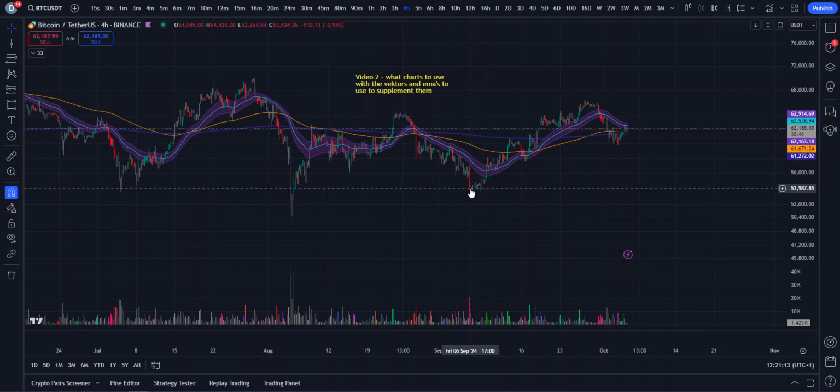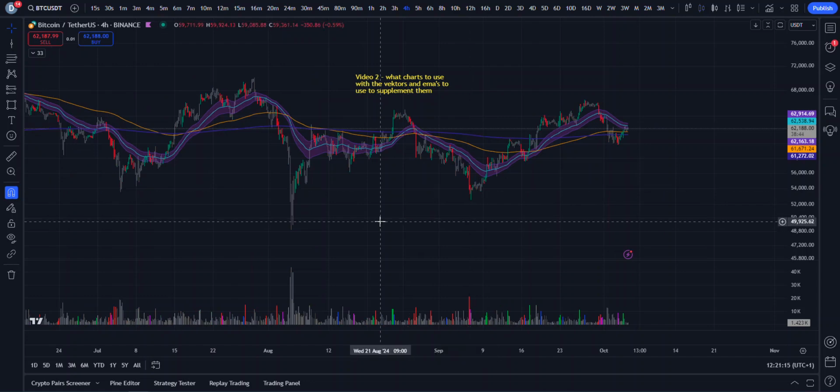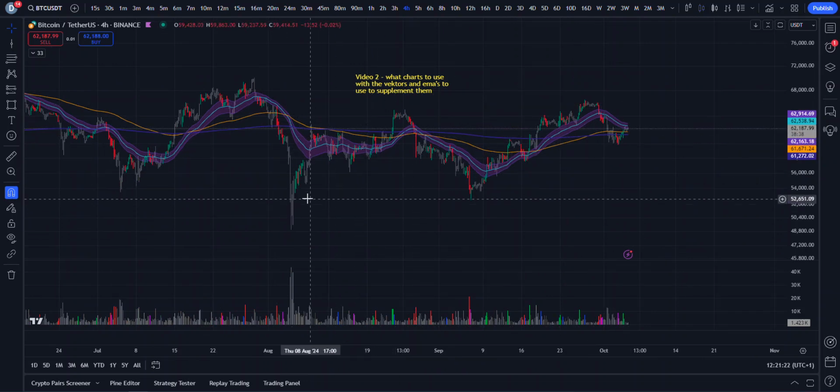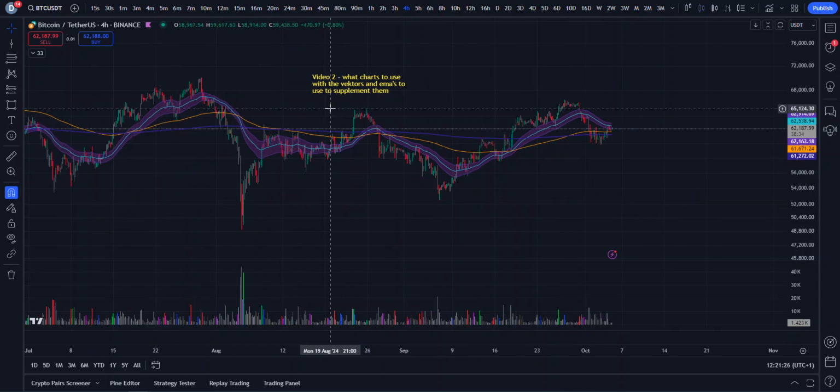I think there'll be a final video coming up way later in the series where I will show you how I incorporate market cipher B and market cipher A in regards to vectors as well. So for now, this is video 2, and it's basically what charts to use with the vectors and adding the EMAs in.